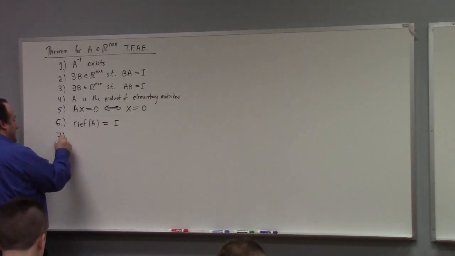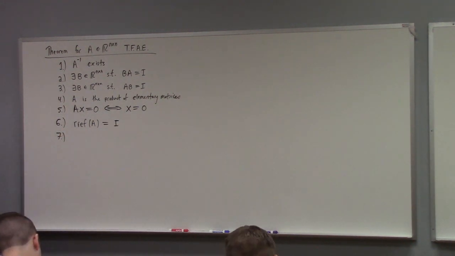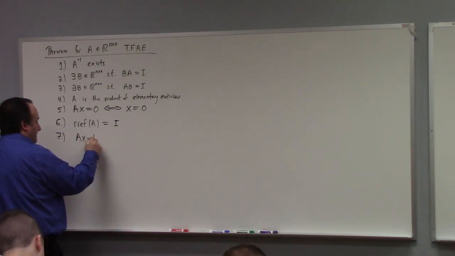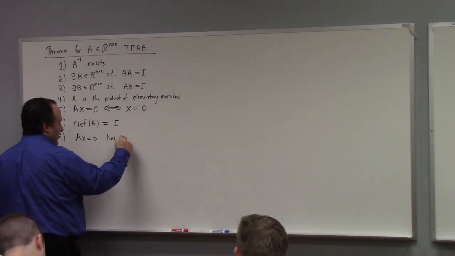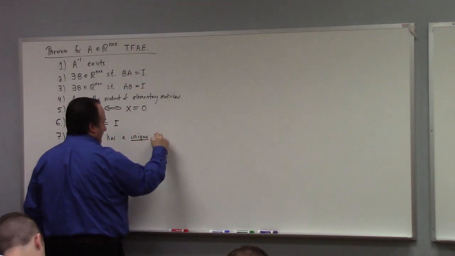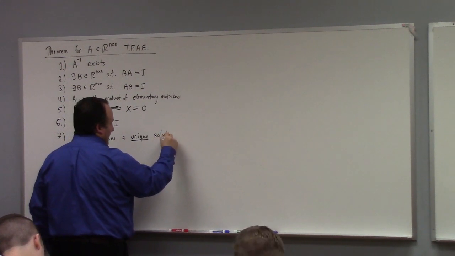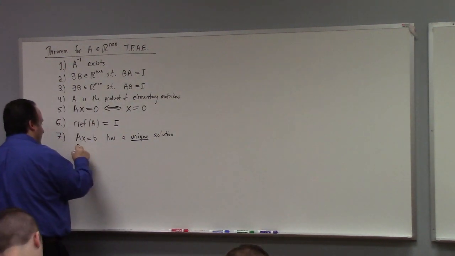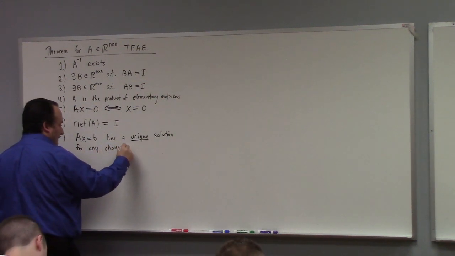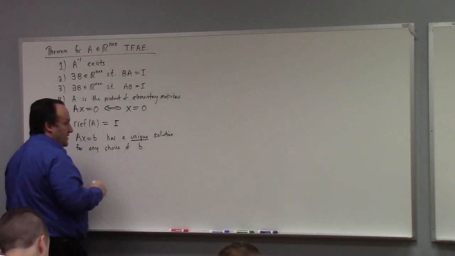Is there anything else? How about this? AX equals B has a unique solution for any choice of inhomogeneous term B.